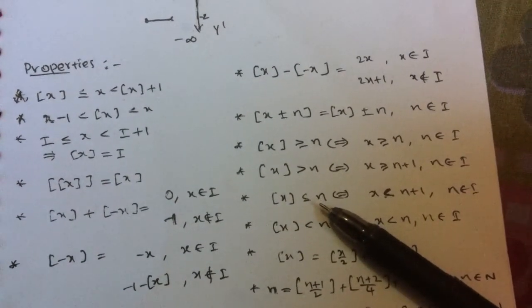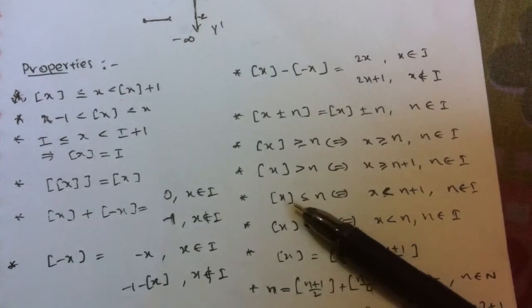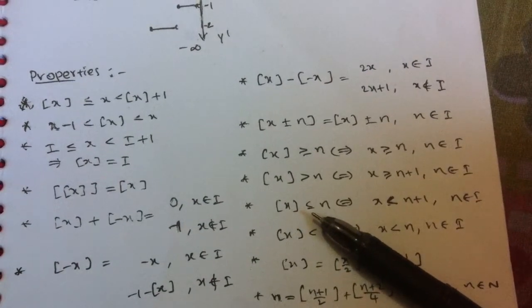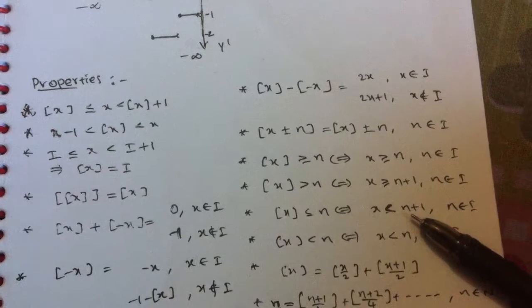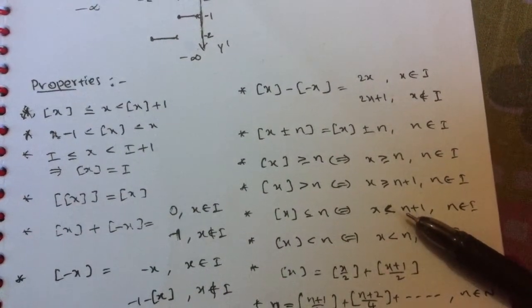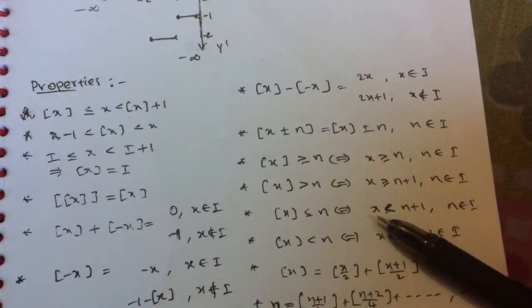Suppose n is 2.3, maybe equal to 2.3 or a lesser value you have to assume for x. So you can take x values less than n plus 1. That means 3 or less values you have to consider for x.